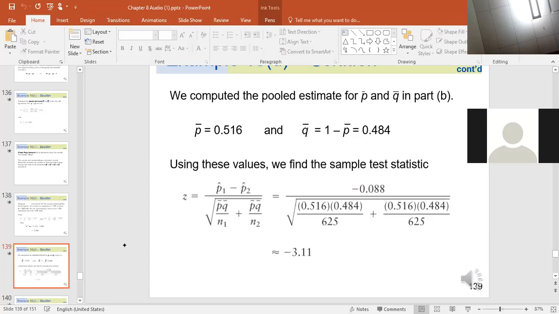Enter N1 for sample 1, X1 for number of successes, N2 for sample 2, X2 for number of successes. Choose H0 equals 0. Which one will we choose? Less than 0. We do less than 0 because this is the same thing as P1 minus P2 less than 0. Anybody has Z?